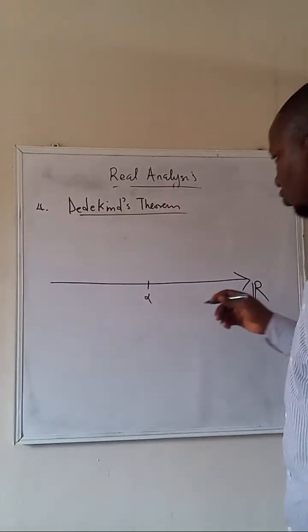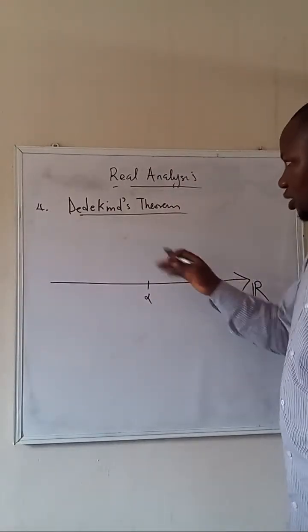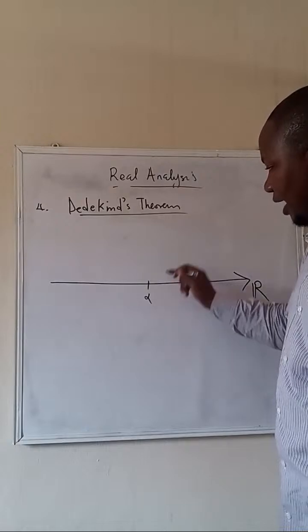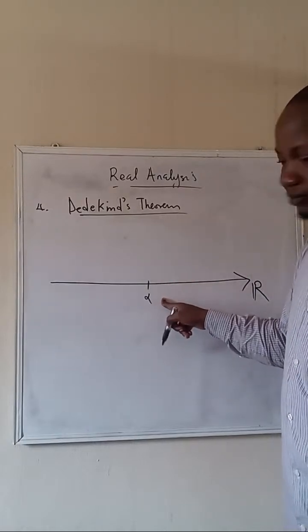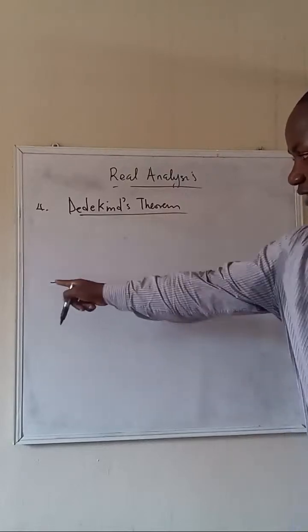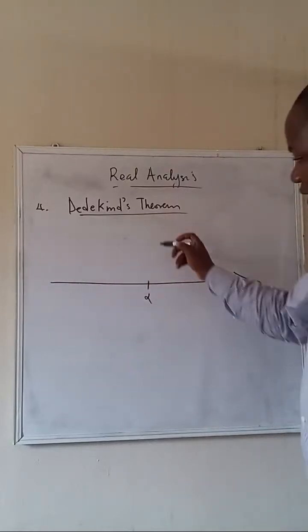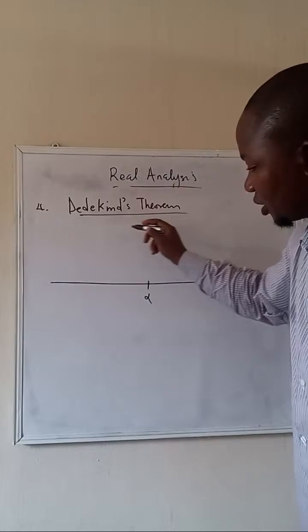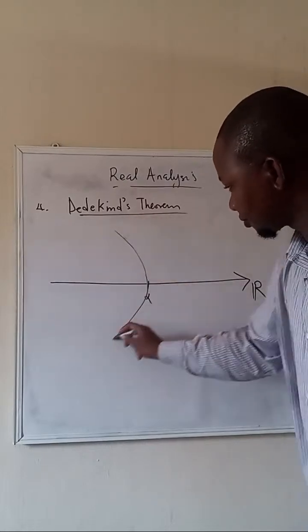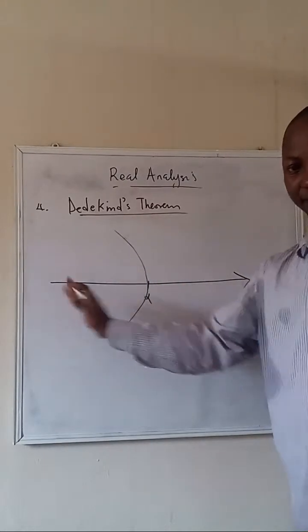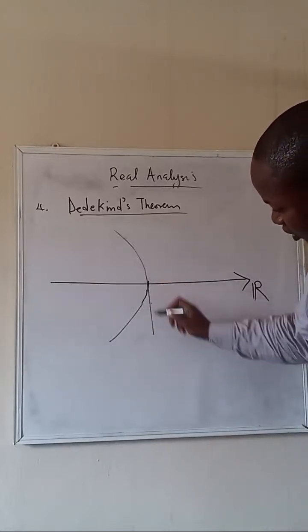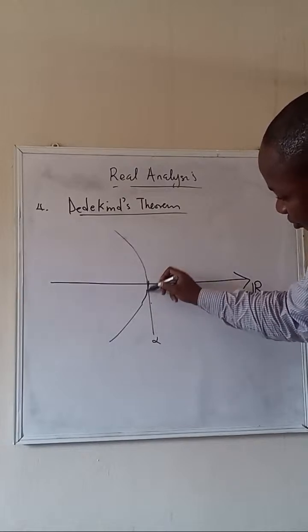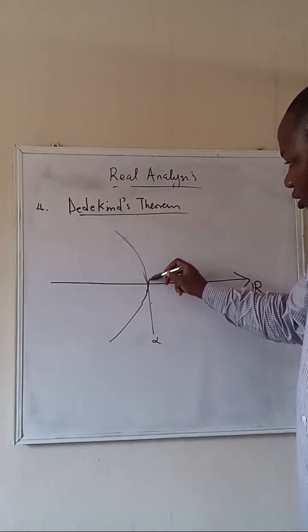So on the number line, there is a number which separates this line into 2. Let's call this number here alpha.